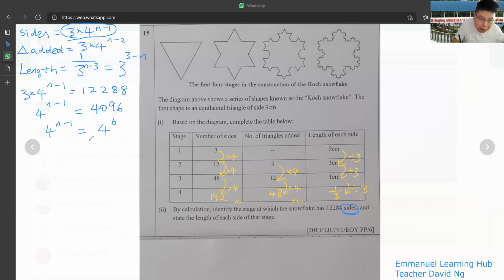Why do we use base 4? Because this side is base 4, and you wanted to create 4 to the power something. So n minus 1 equals 6, n equals 7. So stage 7. The snowflake will have 12288 sides at stage 7.